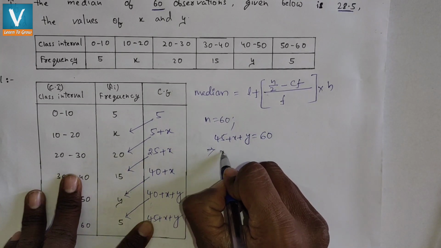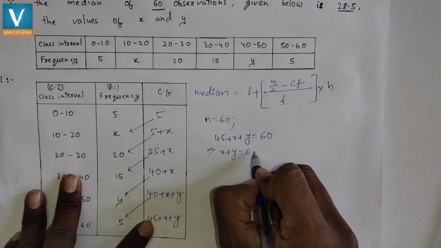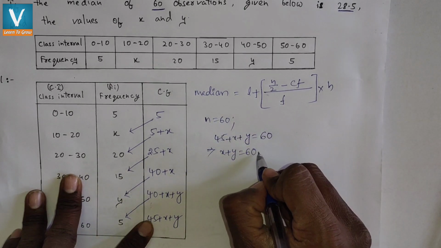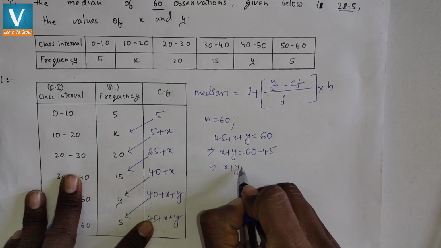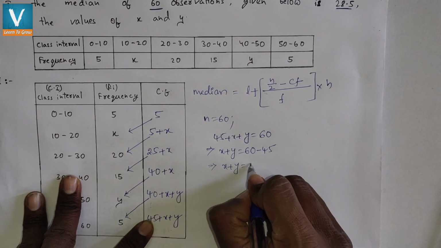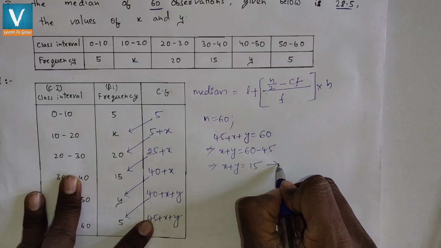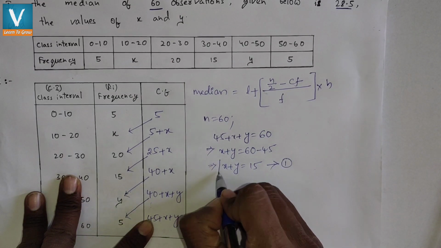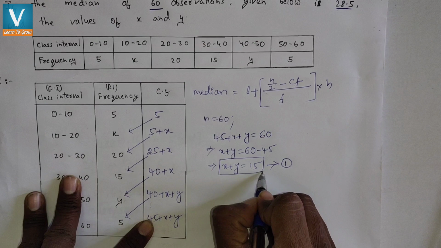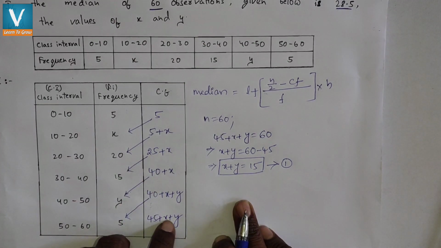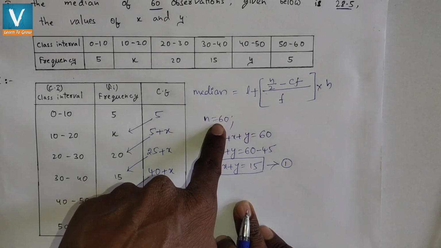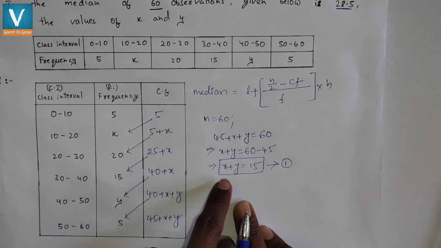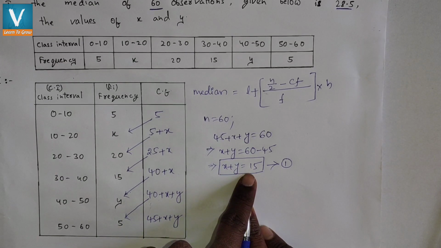This implies x plus y equals 60, and transposing plus 45 it becomes minus 45. So x plus y equals 60 minus 45, which is 15. This I am considering as equation number 1. In the place of x plus y, if you replace 15, then 45 plus 15 becomes a total of 60.